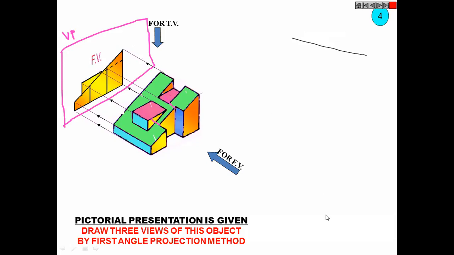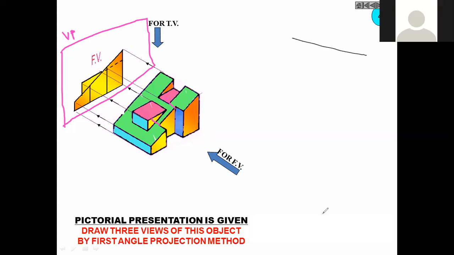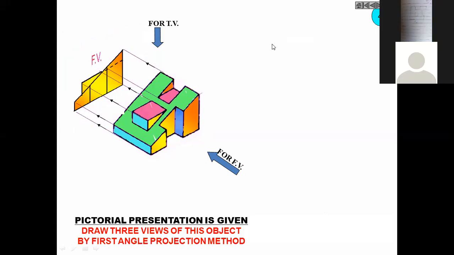What will be the top view? Do it fast. Yeah, take it a bit closer.